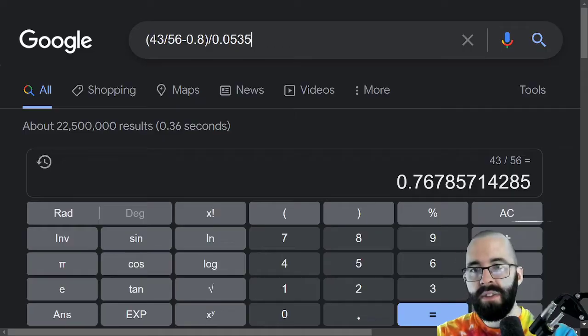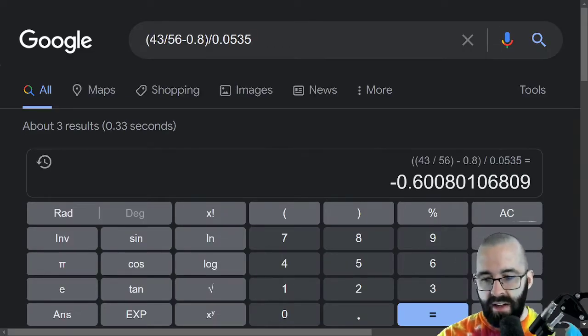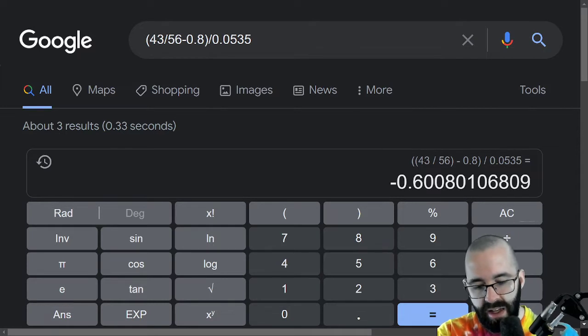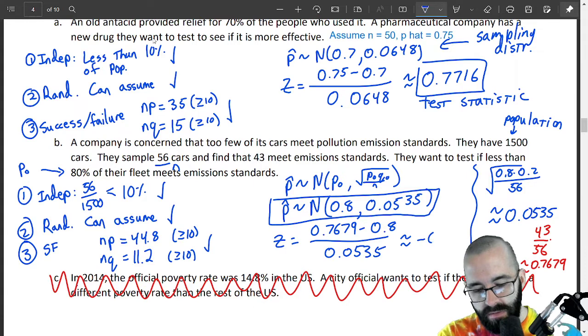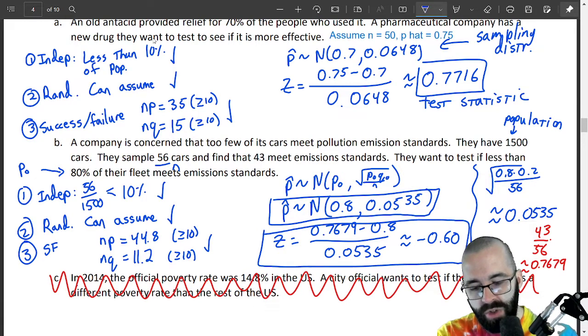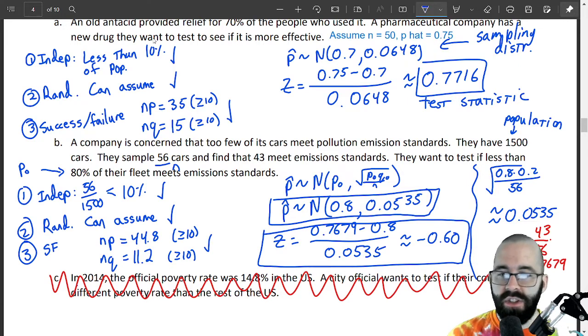Our z value, it's negative, that's okay, is about negative 0.60. Which means we're about half a standard deviation below the mean.